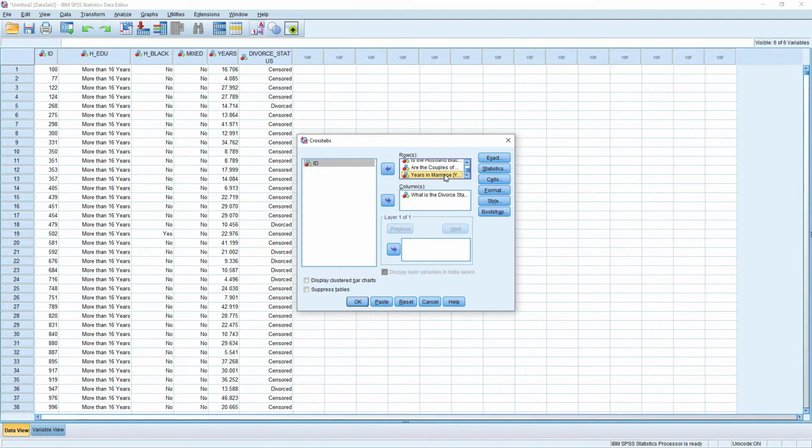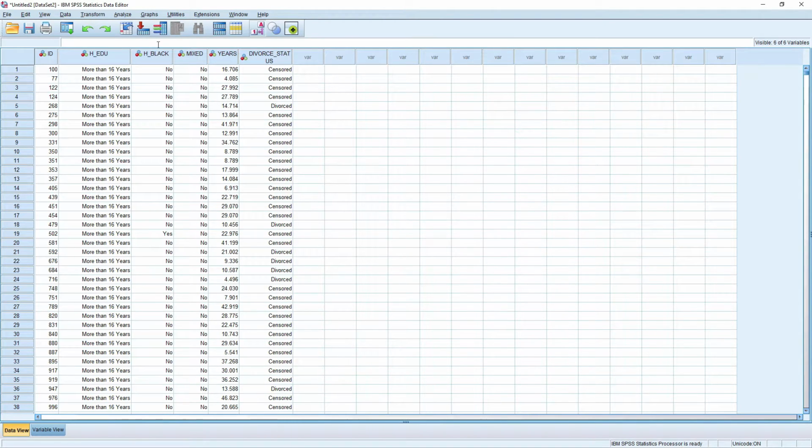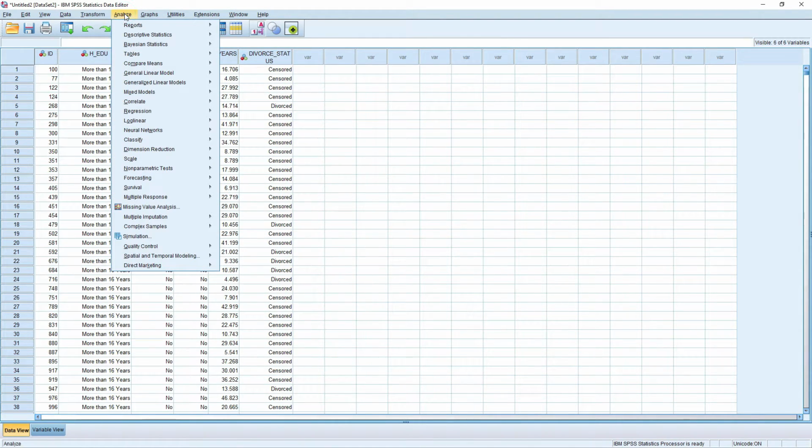Therefore, when we conducted the analysis for years in marriage, which is a continuous variable, the SPSS output did not give us the required value. So to determine how the years in marriage affect divorce, we're going to use the ANOVA, the analysis of variance.